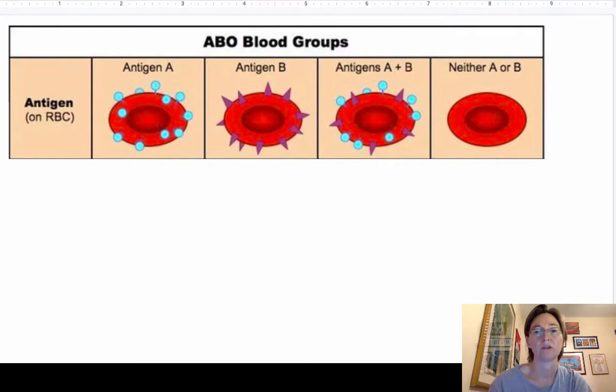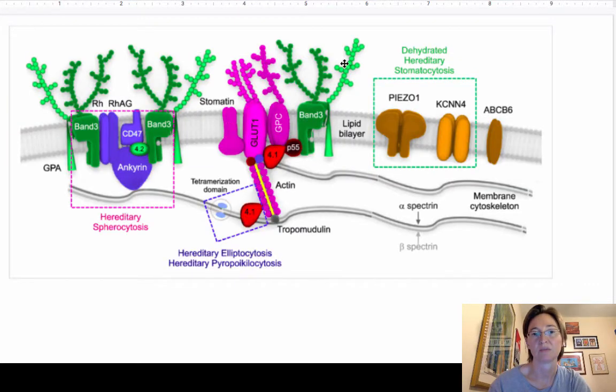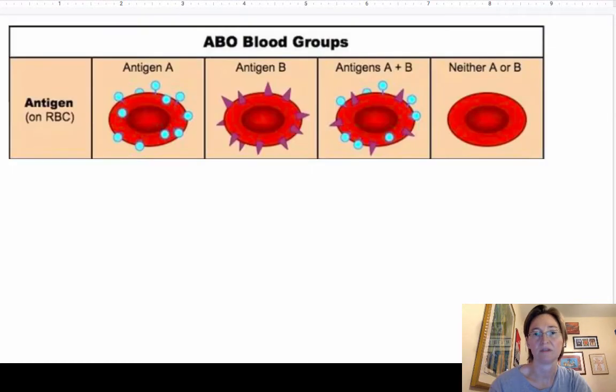So your red blood cells may look like any one of these four. Your body might make antigen A. That means just a specific shaped protein sticking out of the surface of your red blood cells. Here it's represented by little blue round things. Using shapes is a good thing to model these antigens and proteins because, again, as you recall, shape determines function among proteins.